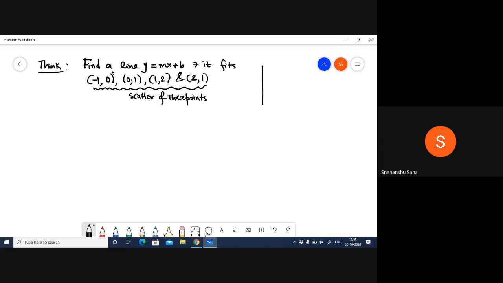If I draw this up, -1, 0 is somewhere over here, right? 0, 1 is somewhere over here. So this is fine. You can see that at least through these 2 points, I can fit a line with no difficulty. And then I have 1, 2, somewhere over here, and then there is a 2, 1.